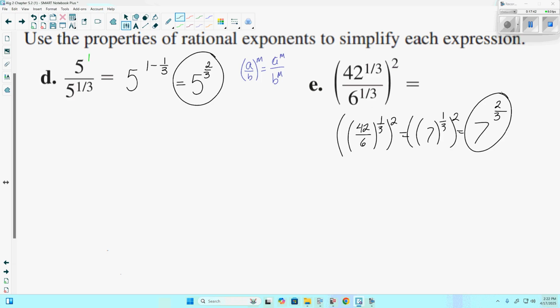It is 2/3. And that's it. Really, it's multiplied also by 1, but 1 times 2/3 is still 2/3. 7's prime, so we can't do anything with this. Questions on this here?